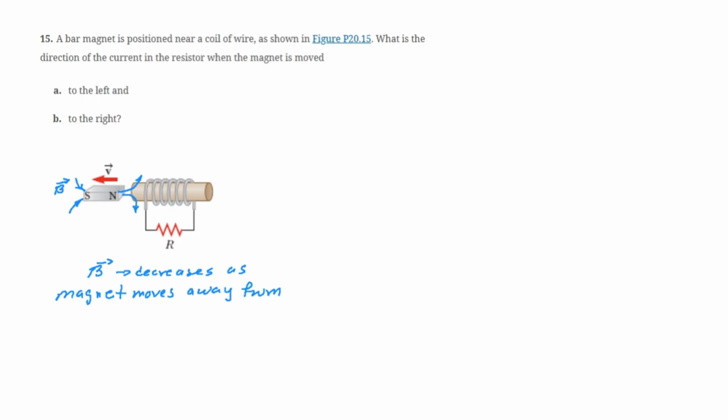So now, the current that is going to be induced needs to oppose that decrease. So we need a current that will generate a field that will be in this same direction.